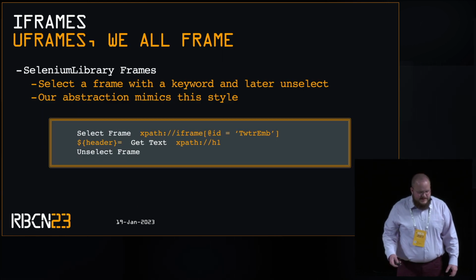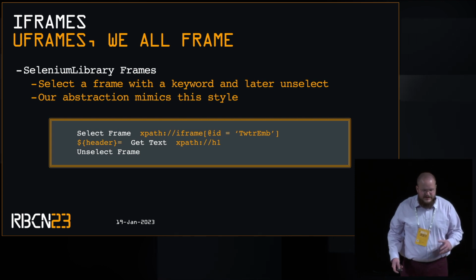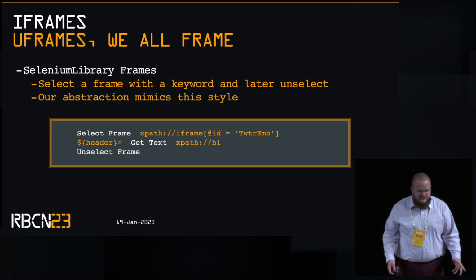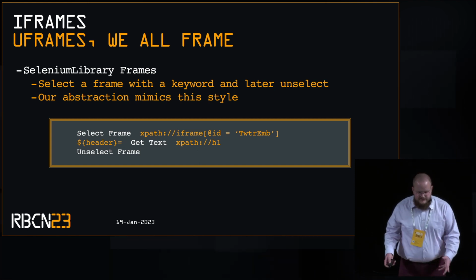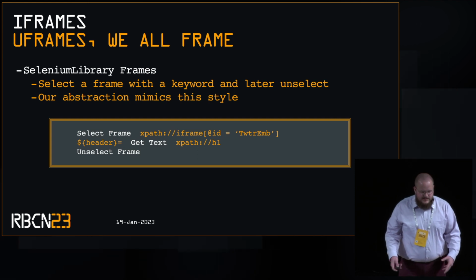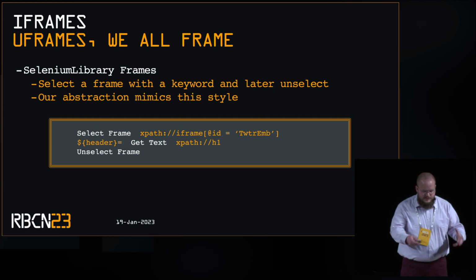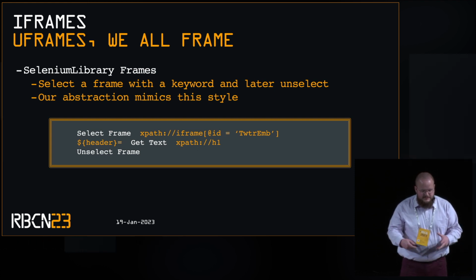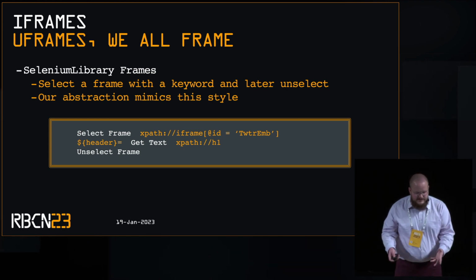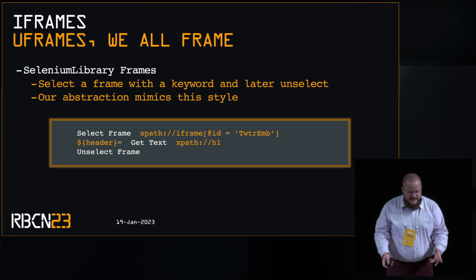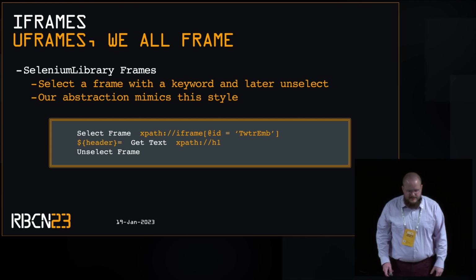If we want to get the text of that header that's in that Twitter embed, in Selenium library, you would first select the frame that you're interested in interacting with, do whatever keywords you'd like to interact with inside of that iframe, because if you don't indicate you're trying to work with an iframe first, you will never be able to see those particular elements inside of that iframe. So you first have to select the frame, and then you can interact with it, and then when you're done interacting with that iframe, you then unselect the frame.